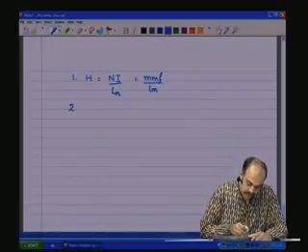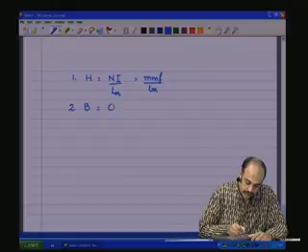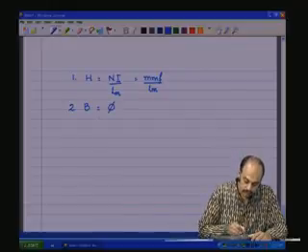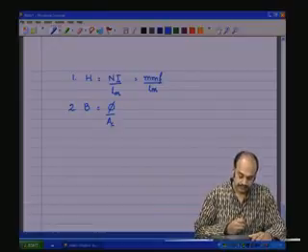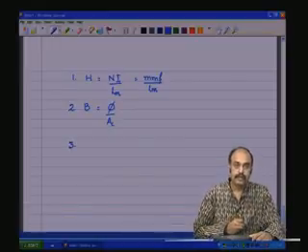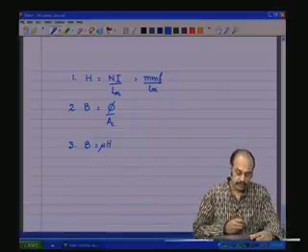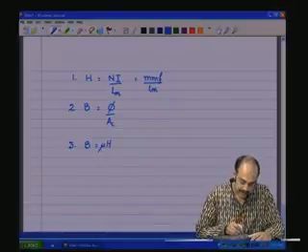Now, the second is the flux density B, which is given by the flux in the core per unit cross section area. Then third, the relationship between B and H in the linear region: B is equal to mu H.